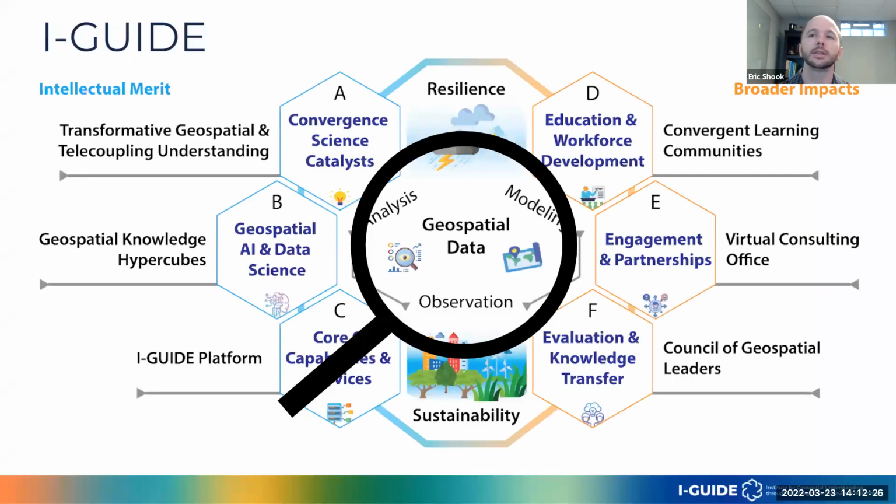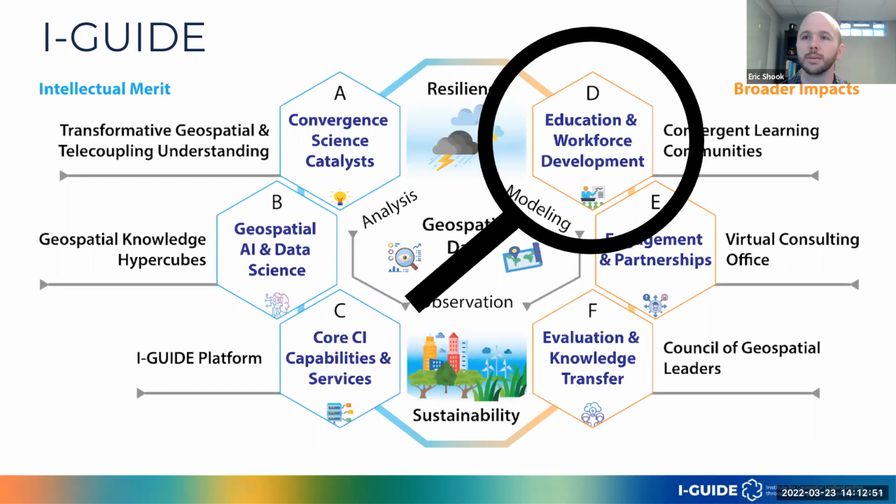And it's interesting that geospatial data is actually at the center of I-GUIDE. It's actually what connects our transformative understanding from the Convergent Science Catalyst team and the Geospatial AI and Data Science team that I'm also a member of, with the technological I-GUIDE platform, along with the rest of the teams, including education and workforce development.